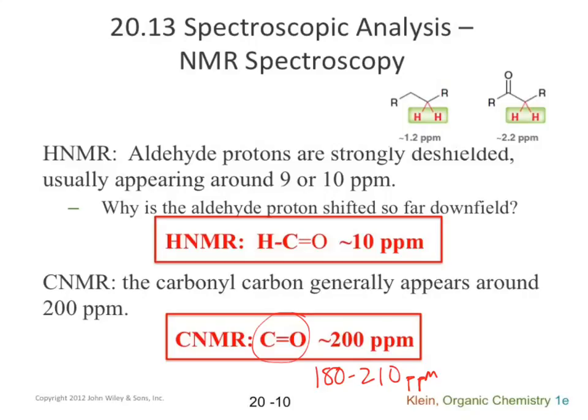With the HNMR, a carbonyl has how many hydrogens? What does a carbonyl look like? It is a carbon-oxygen double bond. How many hydrogens do you see? 0. So when we're looking at HNMR, where do we find out information about carbonyls?